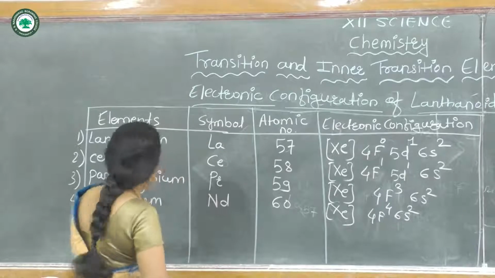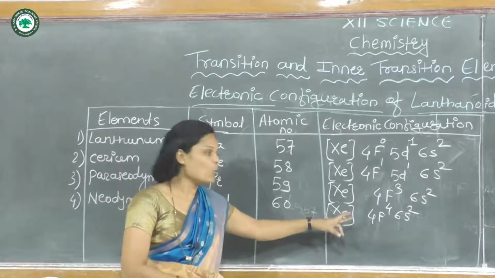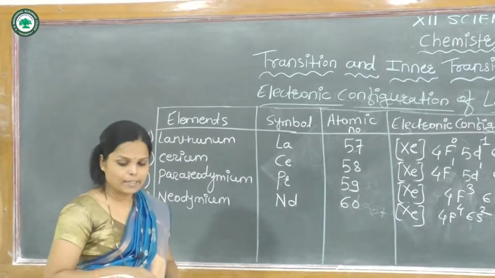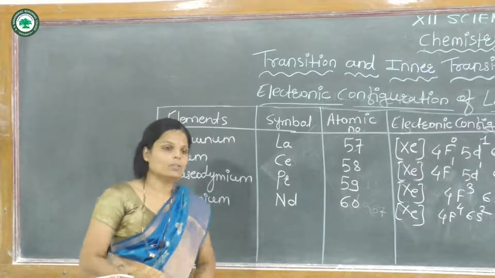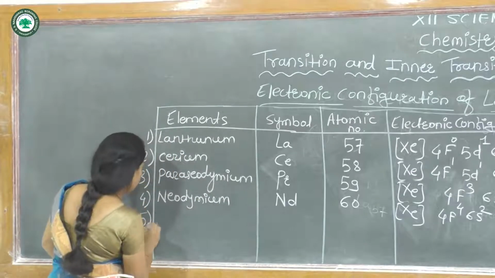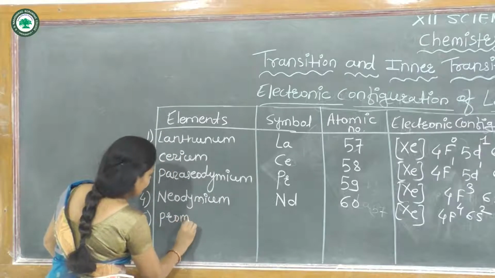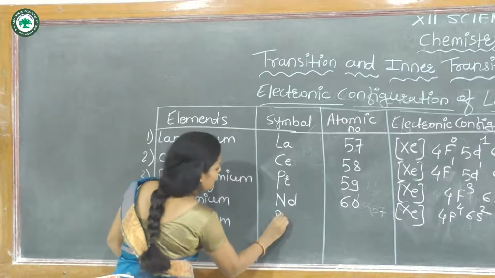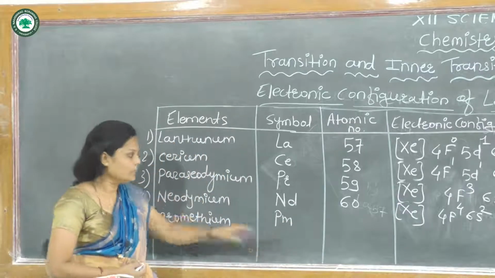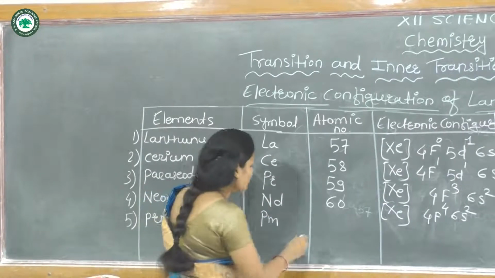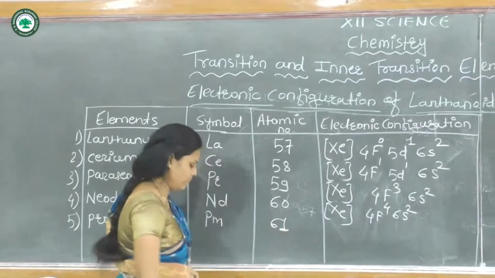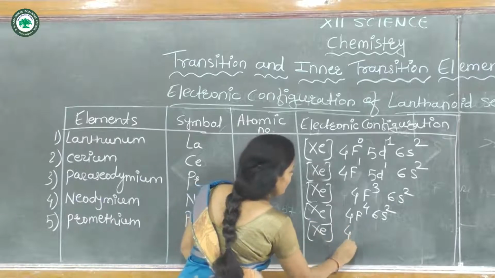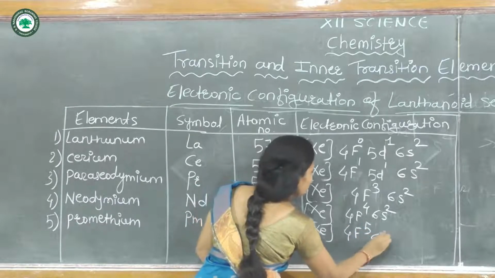Next element is promethium, and its symbol is capital P and small m. Its atomic number is 61, and we can write down the electronic configuration as xenon, 4f5 and 6s2.